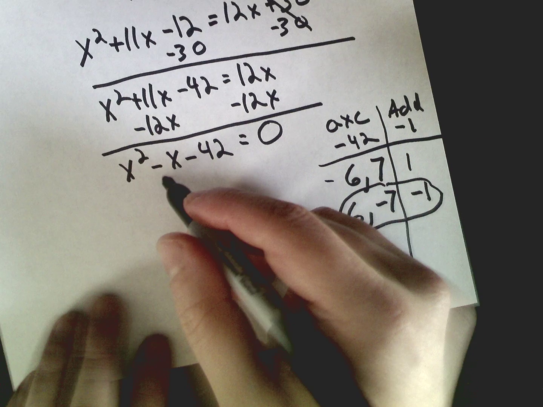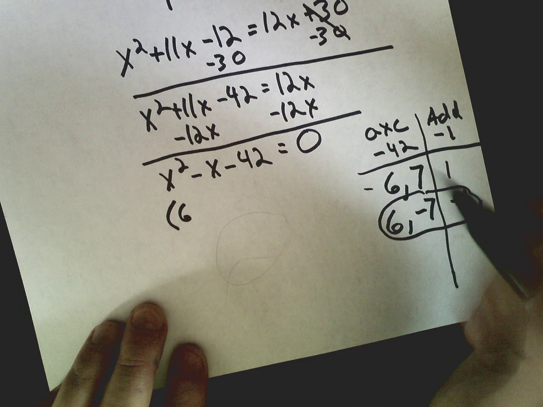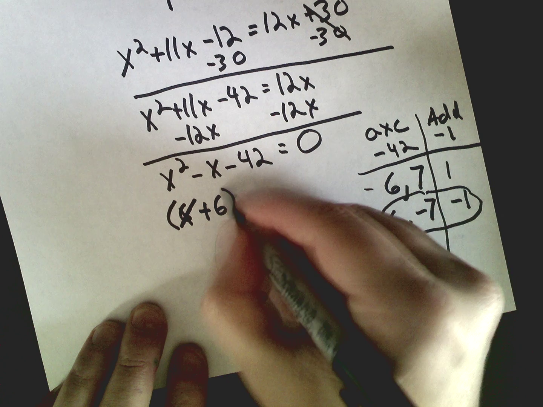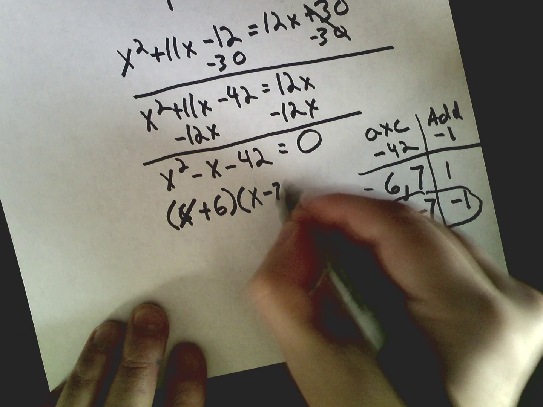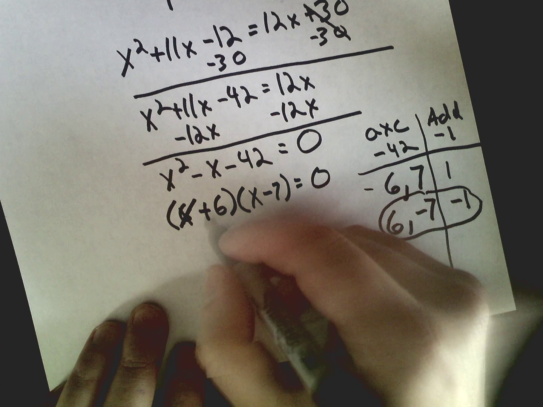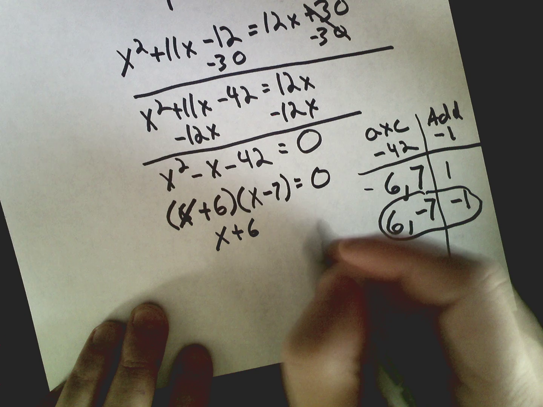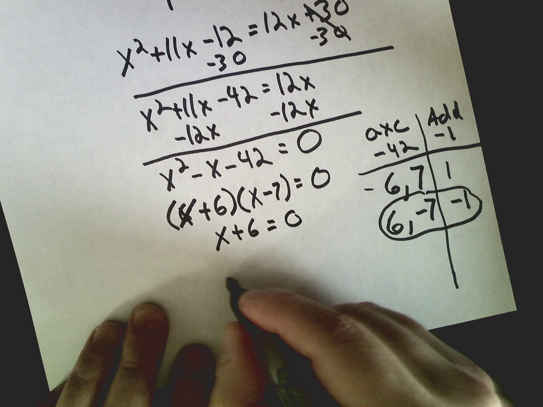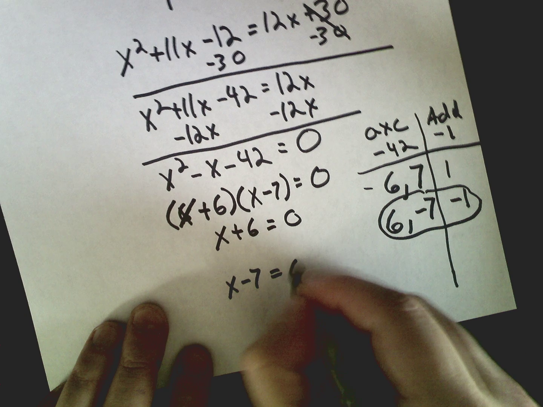So I could plug those back in over here. x plus 6 and x minus 7 is equal to 0. Now, of course, one of these has to equal 0. Either x plus 6 has to equal 0, or x minus 7 has to equal 0.